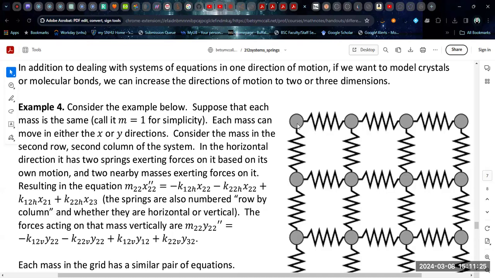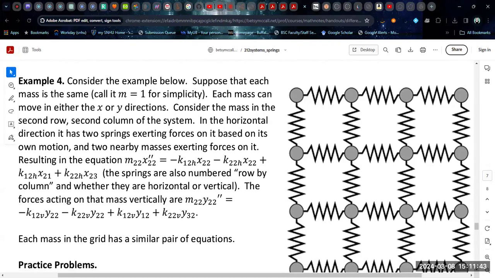So the equations will be simpler, but they will be set up with similar logic. And then, of course, keep in mind that these are moving in 2 dimensions at the same time, and so you're going to have motion in both x and y directions.